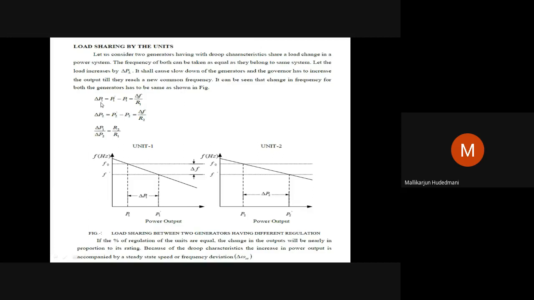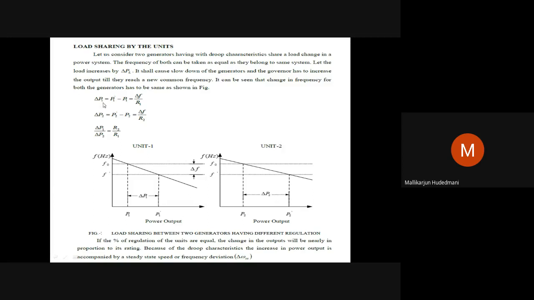How is it being done? Look into this. From the graphical way, the frequency line intersects this curve at a certain point, and the reduced frequency made me read P1 dash. P1 dash minus P1 is nothing but the shift required, delta P.